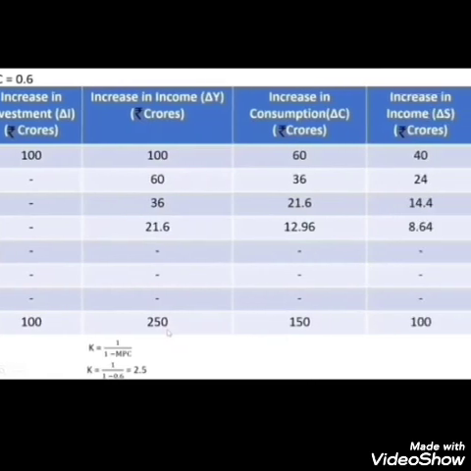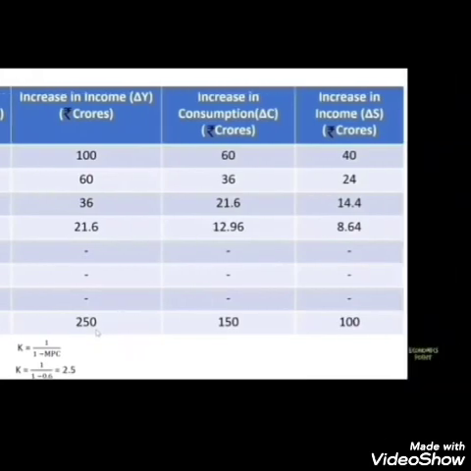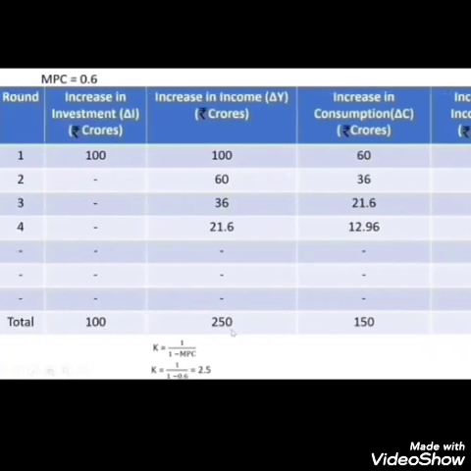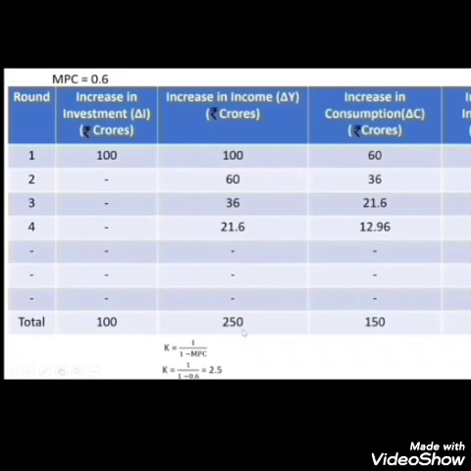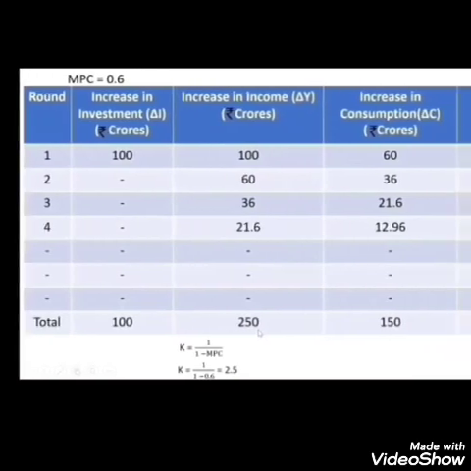This depends upon the value of MPC, the marginal propensity to consume, that is, what amount we should consume out of our income and what we should save. Suppose the value of MPC is 0.6, that is 60% of the income, so we will consume 60% and save 40%. That means out of 100 we consume 60 and save 40.